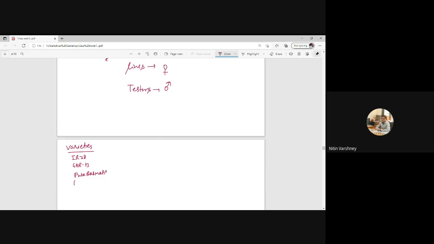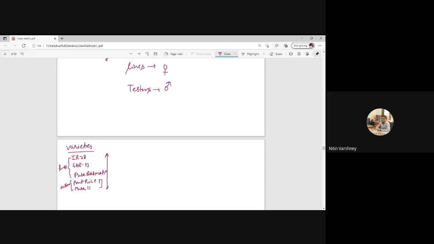Just like there is Pant Rice 1, and there is also Pusa something, I'm forgetting the number here. Suppose Pusa 11, for example. So suppose I take this number of varieties, and a few I have selected as lines and a few as testers.